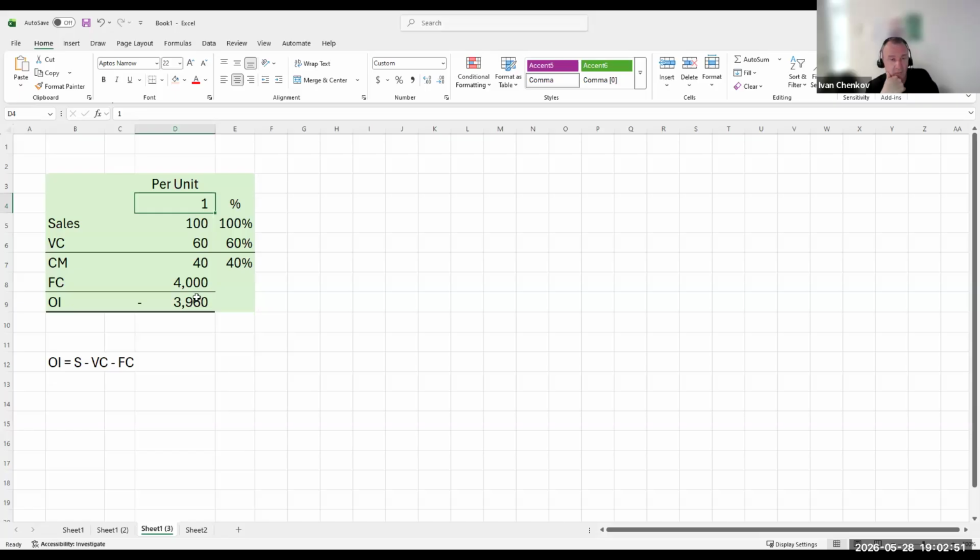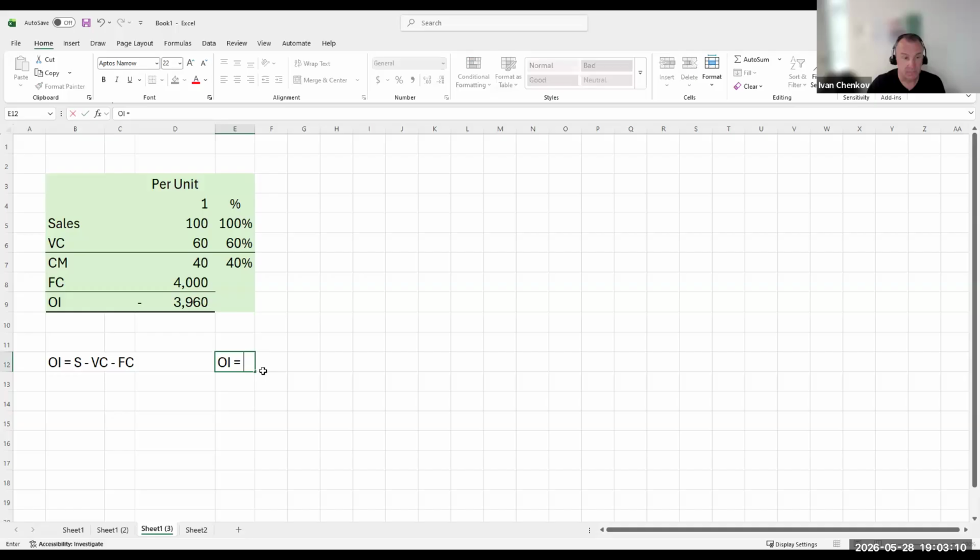The question is, how many units do I need to sell in order not to lose money? I mean, not to make money, but not to lose money. That will be the break-even point. Now, the break-even point is when the operating income is equal to 0. That's the break-even.